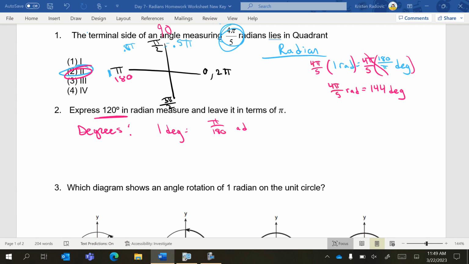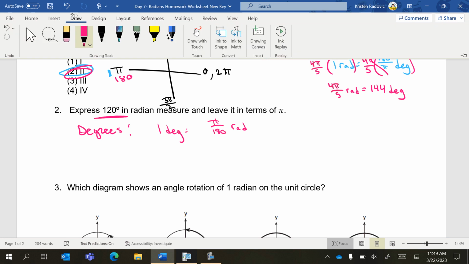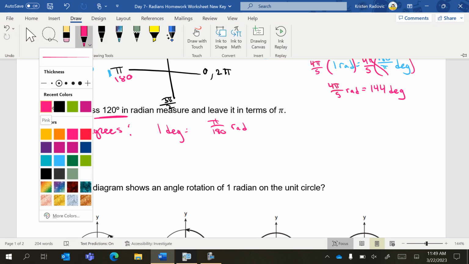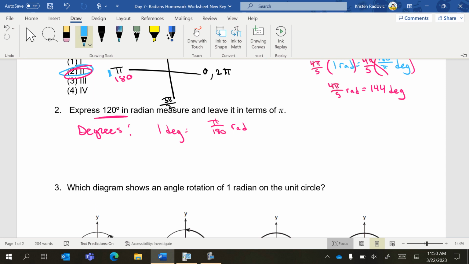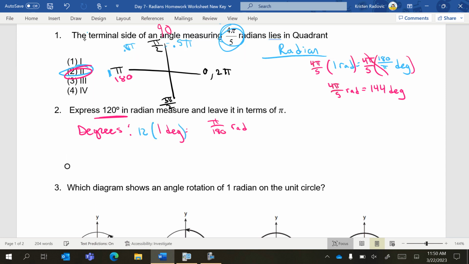Not dad, rad. Whoops. We don't have 1 degree, we have 120 of them. So you're going to multiply both sides by 120. On the left, 120 times 1 is 120 degrees.